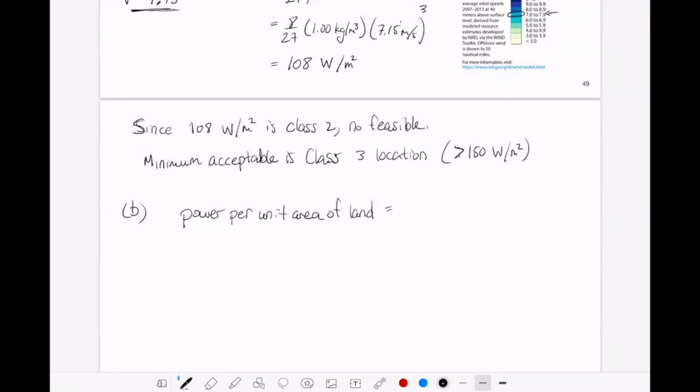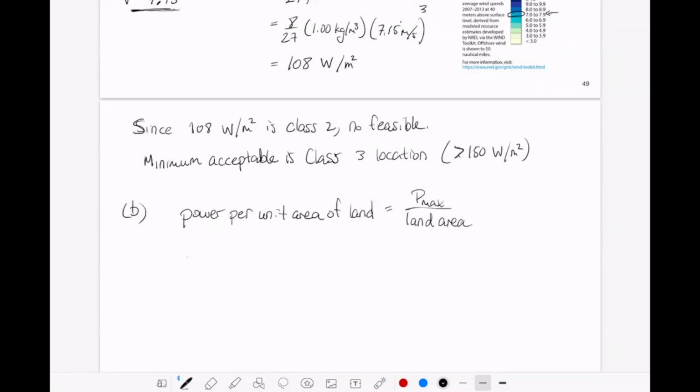This would be our max power divided by our land area. So how can we determine what our max power is here and what our land area is?